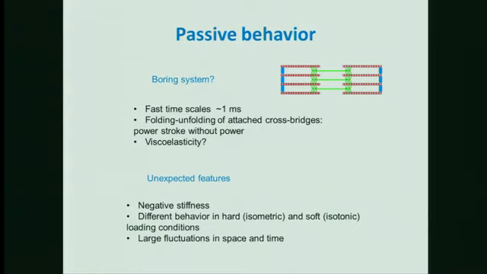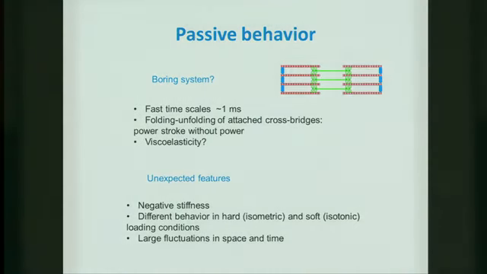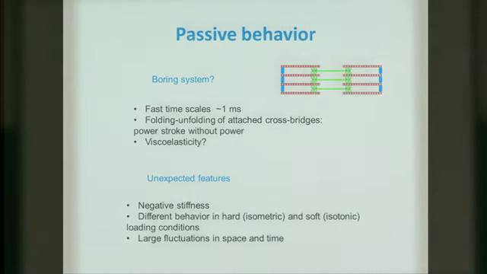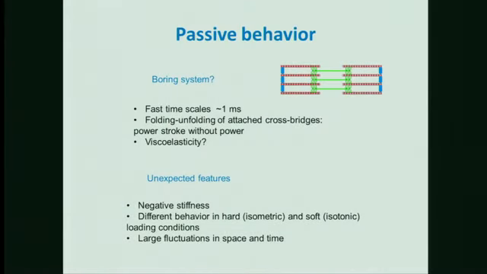So we have here bistable elements that can be in two different configurations. And so the system, for instance, when it's shortened, recovers partially the drop of stress by folding those elements. And that's the mechanism of fast recovery that doesn't require ATP activity.